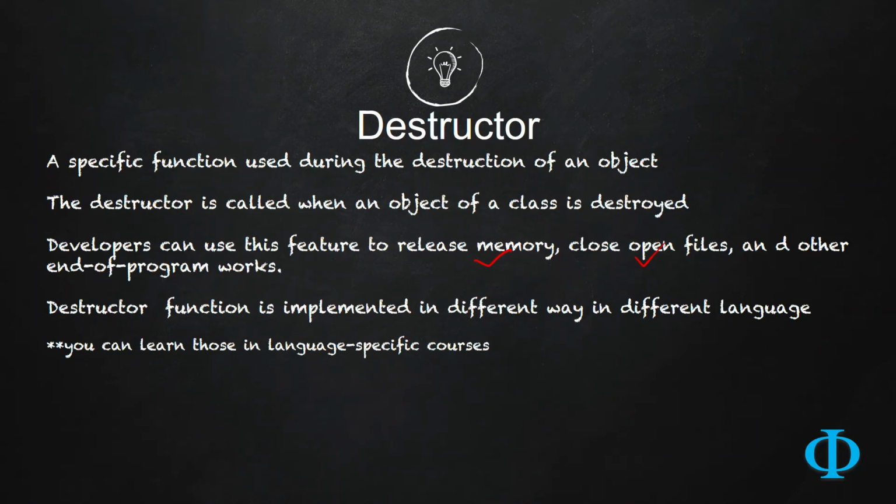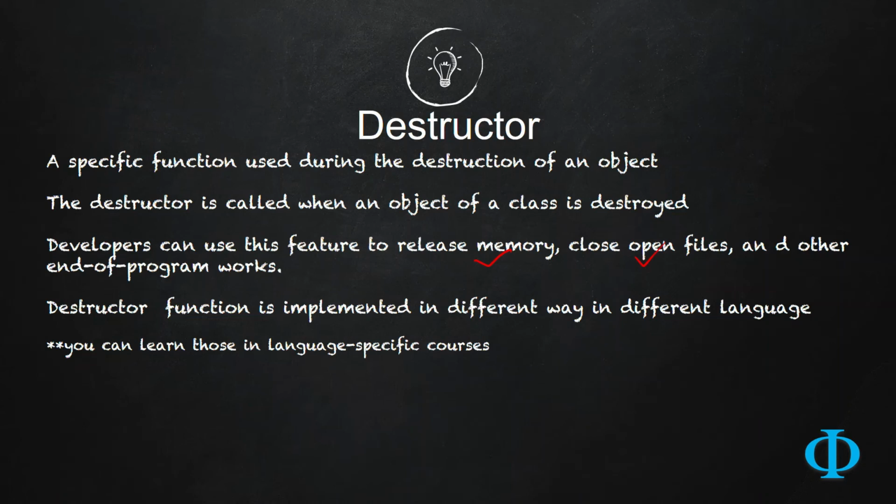Now, destructor function is implemented in different ways in different languages. In C++, it has a different way of implementation. In Java, there is nothing called just the destructor, but there are some alternatives for it. So it depends on the language.